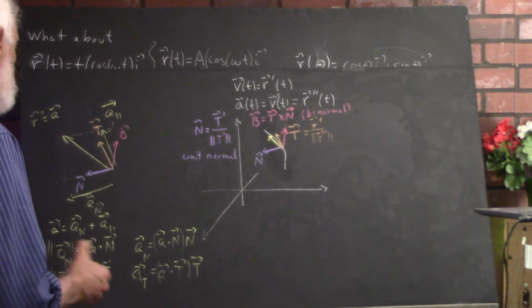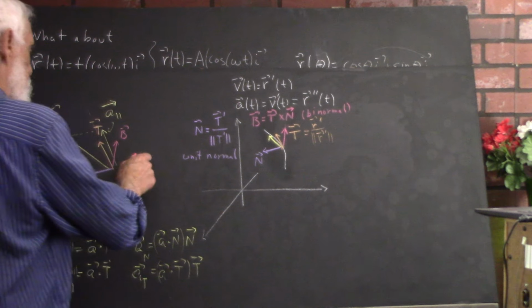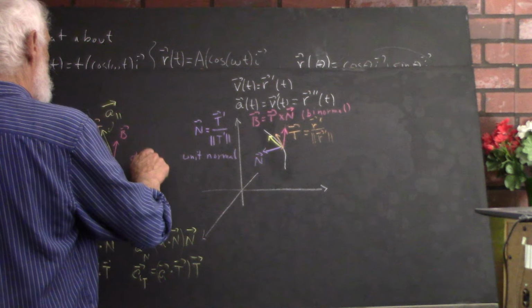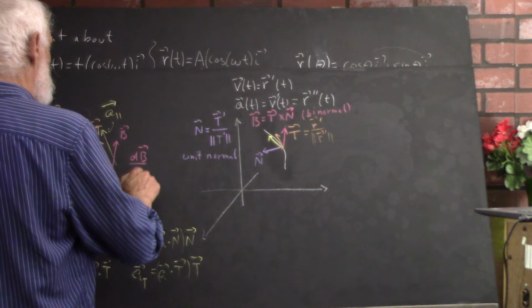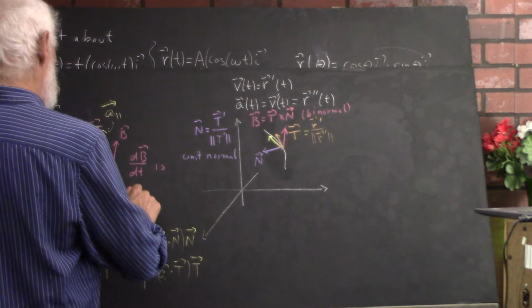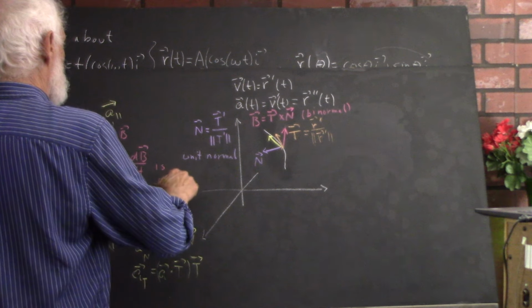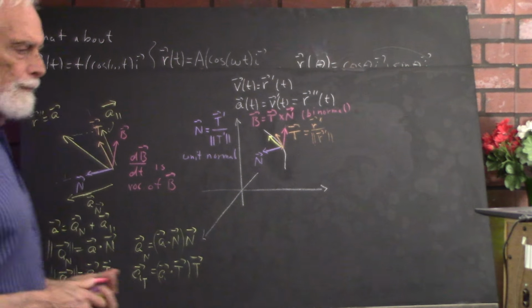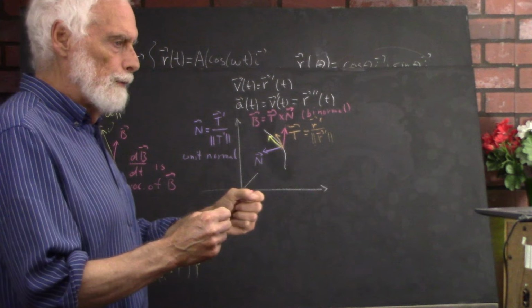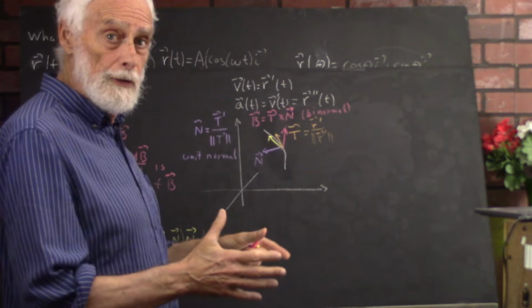And then there's another vector, or another function that's important. It's the rate of change of your B vector. If I'm driving along a straight road, or even if I'm driving in a plane, my B vector doesn't change.